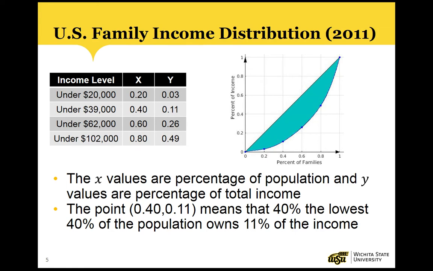If we look at the bottom 40% of families, we see that we get up to 11% of the total income, and so on according to the chart. At 80% of the population, we have only accounted for 49% of the total income available in the United States. So that means that the top 20% holds the 51% of the income that we mentioned from the last slide. These percentages are of course listed as numbers between 0 and 1, so 0.4 corresponds to 40%, and so on.